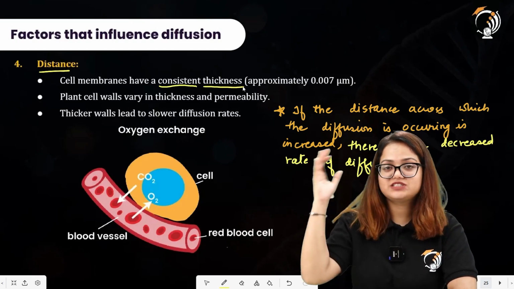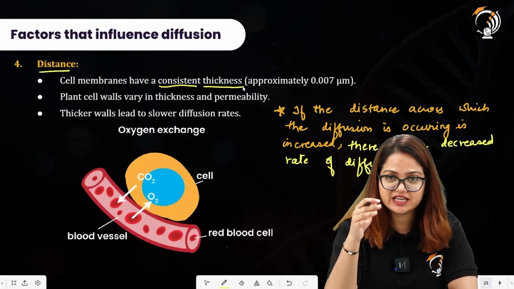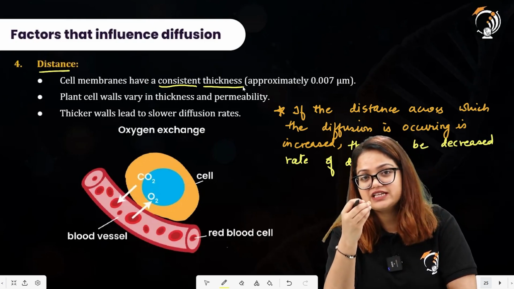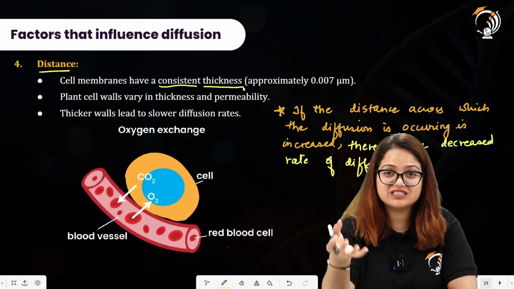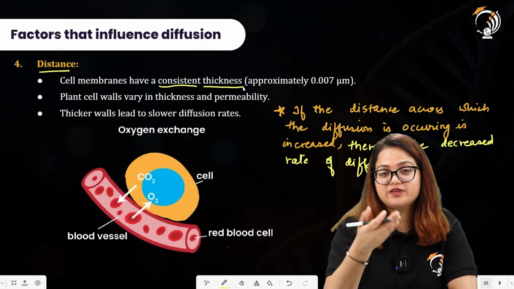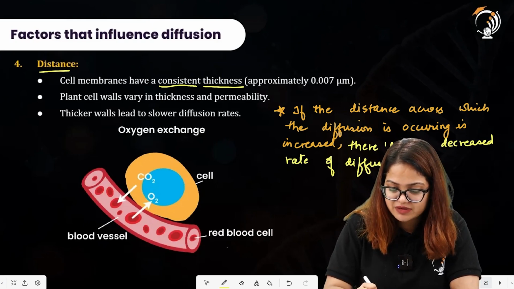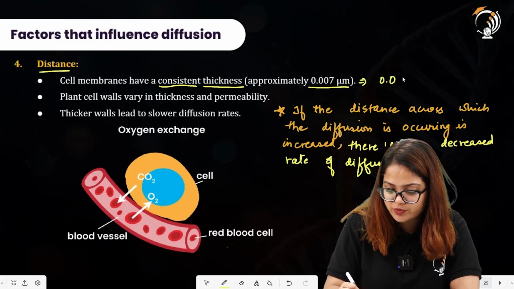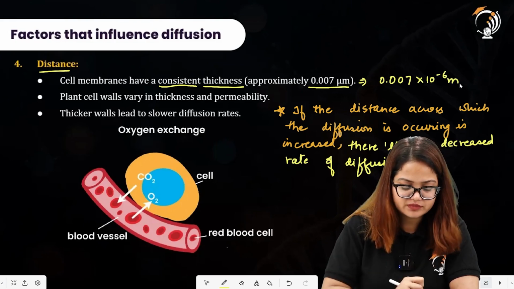Now how do we apply this concept of distance? Alright, since we cannot alter the distance here, we will assume that plant cells and animal cells have a certain thickness of the cell membrane or of the cell wall, due to which the rate of diffusion is affected. So cell membranes have a consistent thickness of approximately 0.007 micrometer, that equals 0.007 × 10^-6 meter.